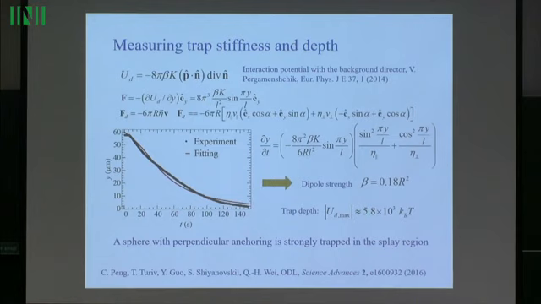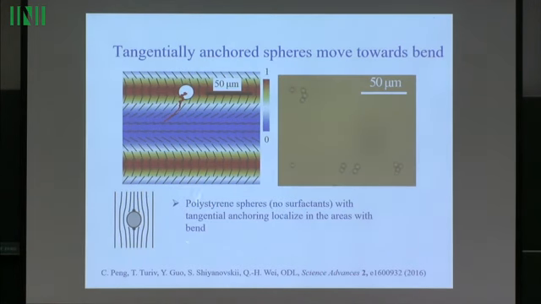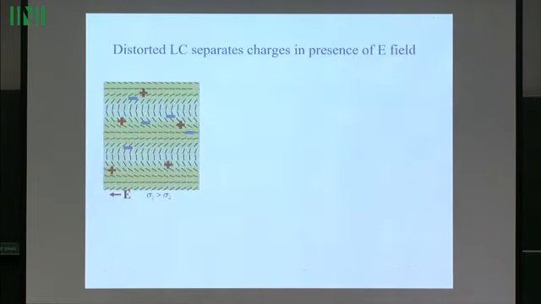It's thousands of Boltzmann temperature, so no thermal fluctuations at room temperature can kick these colloids away from the traps that are at the splay regions. So it's a very robust trapping, and once the particles are there, they are separated from these particles that go predominantly into the bend regions just because of this bend deformation. You see the results here. And that's it.